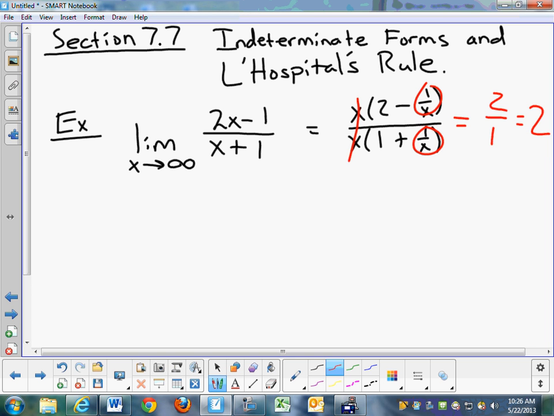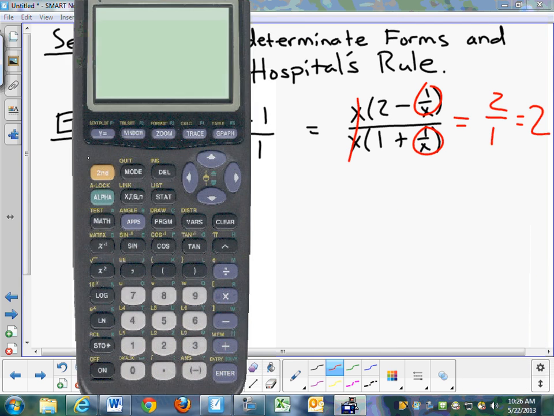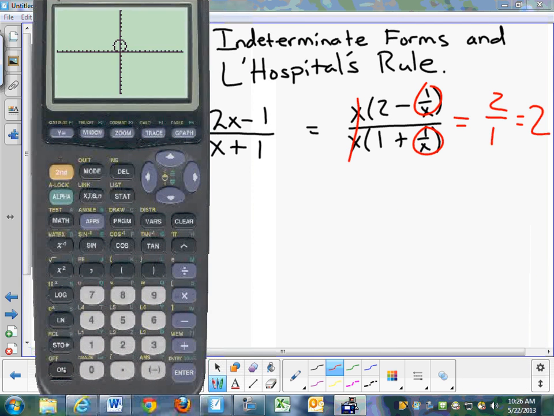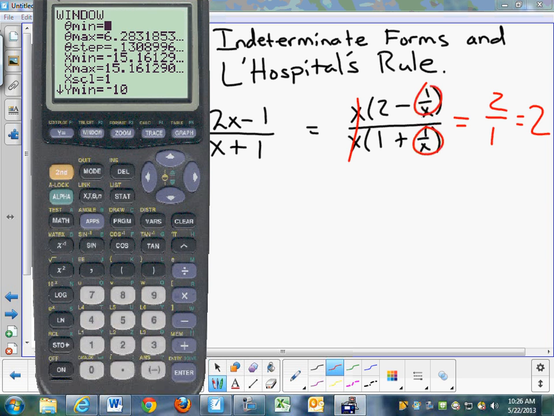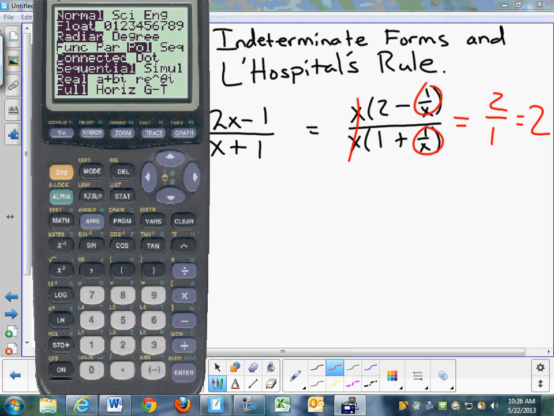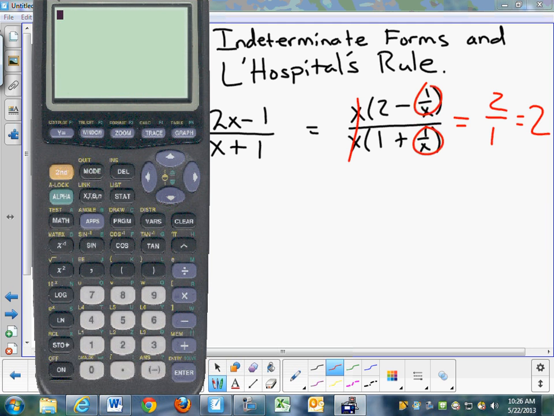Right. Let's look at our calculators. Take out your calculator. So we have y1, y2, y3, y4.